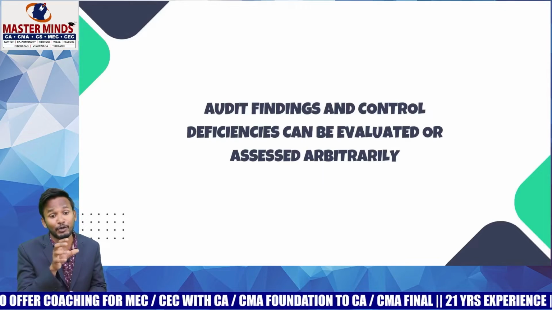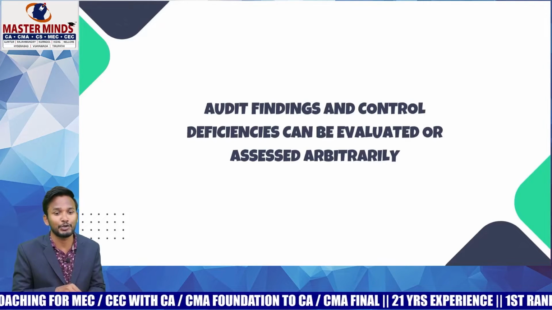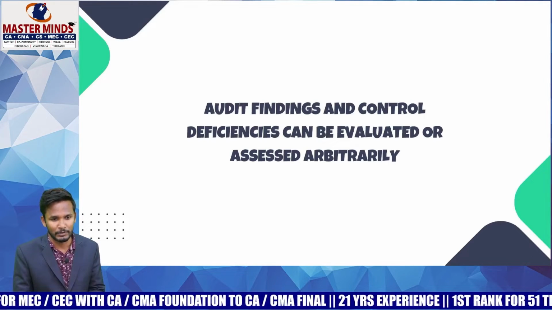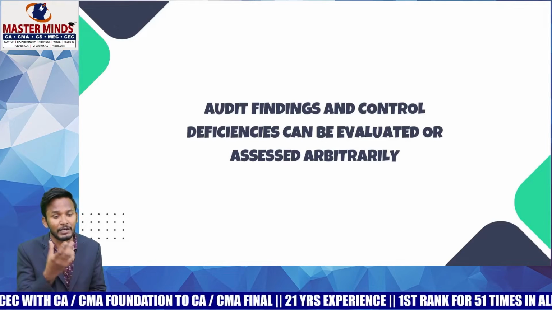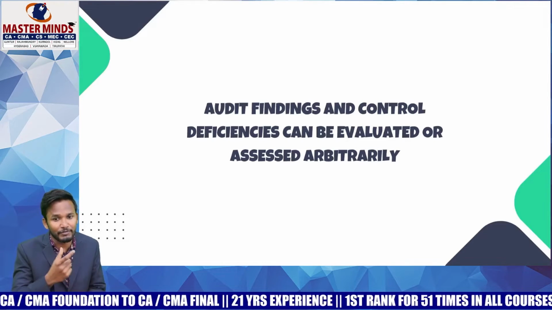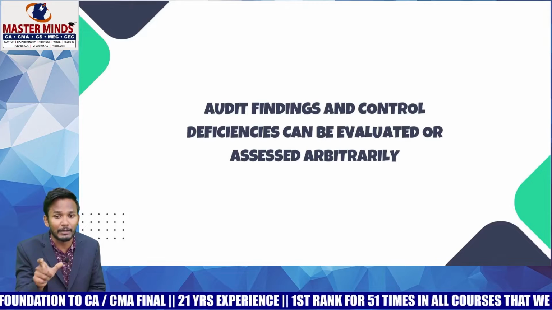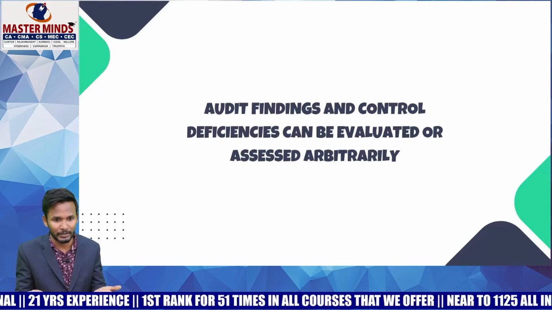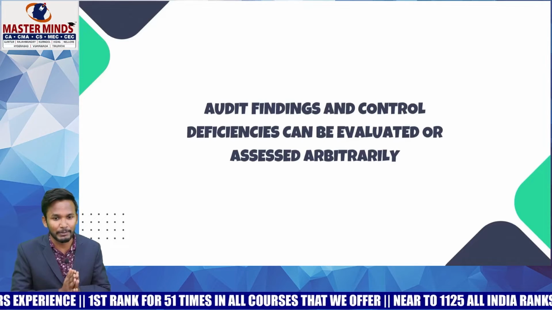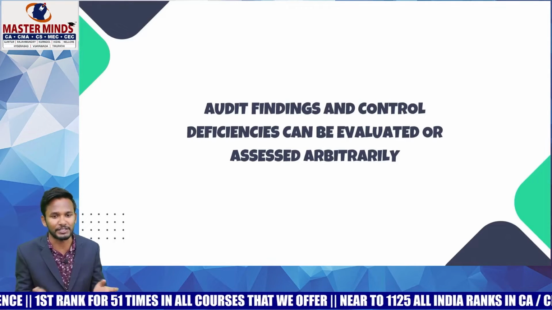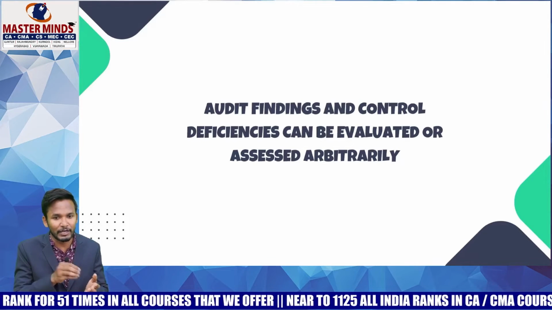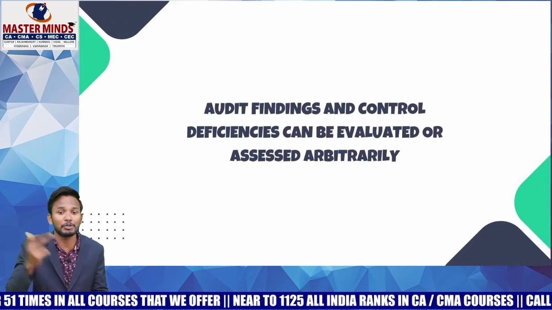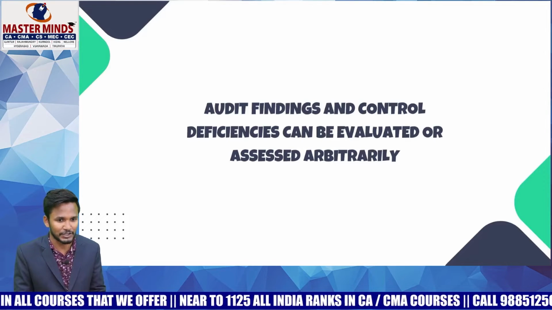If you remember SA 200, it talks about the auditor having to use professional judgment. Instead of the word professional judgment, they are adding a word called arbitrarily. What is the meaning of arbitrary? Without having any basis, without any proper understanding, planning or knowledge. So instead of professional judgment, they are adding exactly the opposite word, arbitrary. Understood? What is the answer?